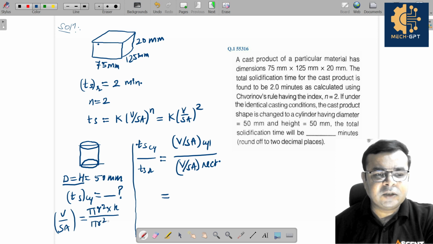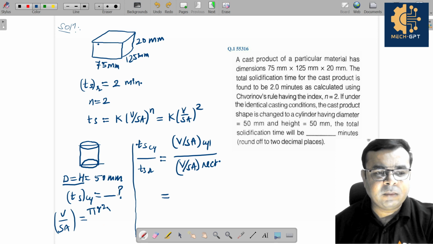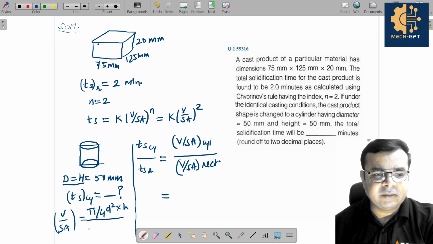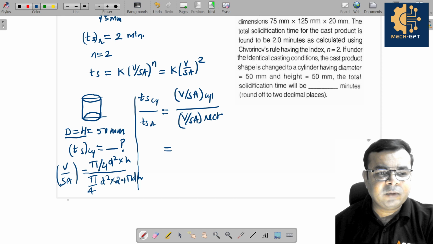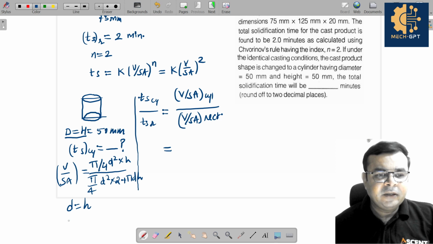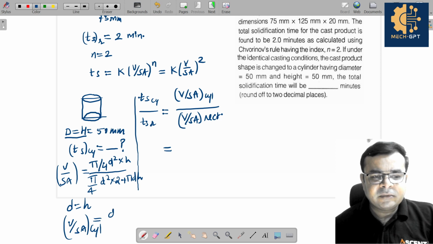Or simply if you write in the form of diameter, it can be written as pi by 4 d square into h, over pi by 4 d square into 2 plus pi d h, correct? And now if you simplify this expression and put the diameter equal to height, we can write V by SA of cylindrical casting gives us D by 6, since here we assume capital D.